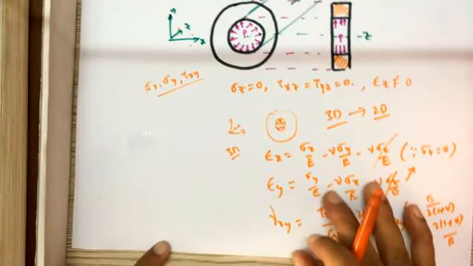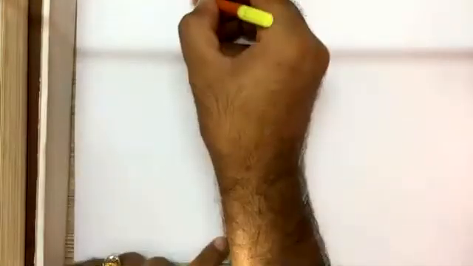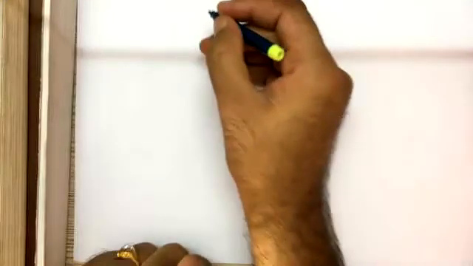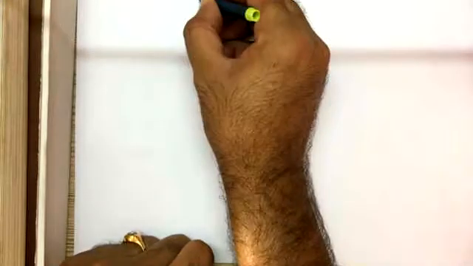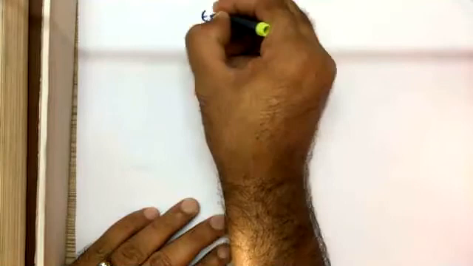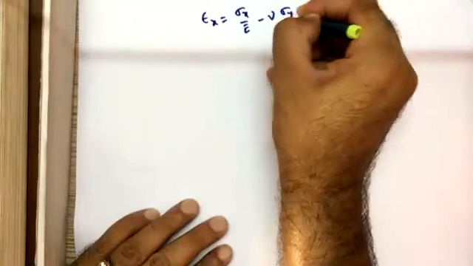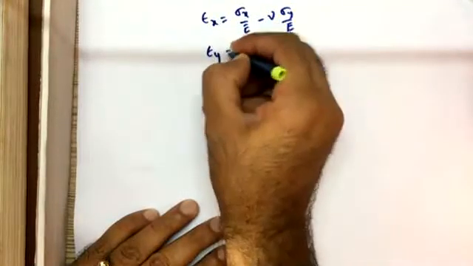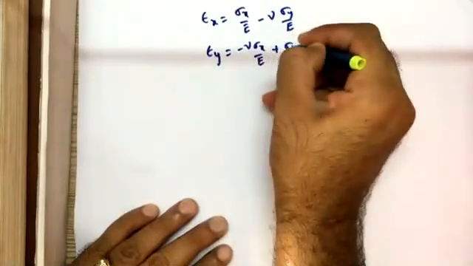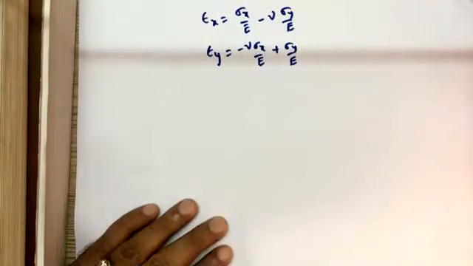Now, if I write epsilon x is equal to sigma x by E minus nu sigma y by E, similarly epsilon y is equal to minus nu sigma x by E plus sigma y by E. Same thing, but I wrote the x term first and then the y term.